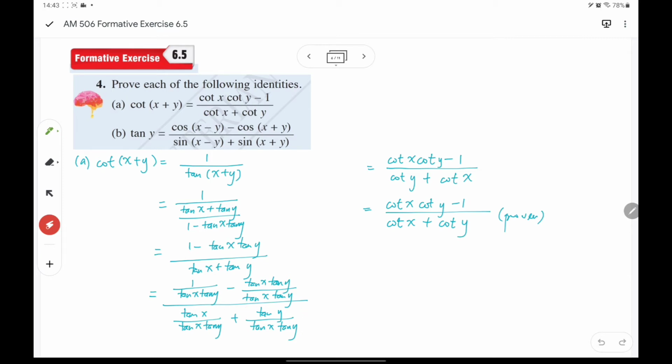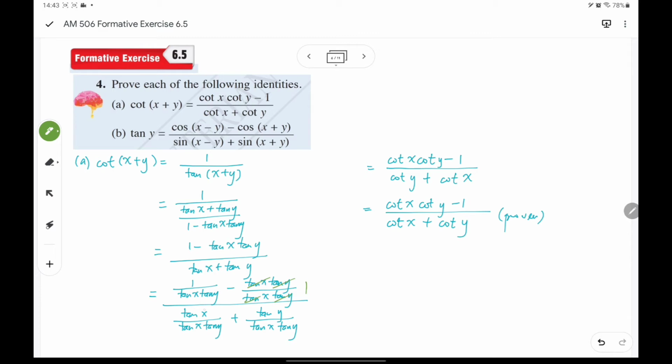There, we will get 1 over tangent x times 1 over tangent y, which is cotangent x times cotangent y. And then minus, we have a common factor for this. After cutting out, we get 1. So we have cotangent x cotangent y minus 1 on top.